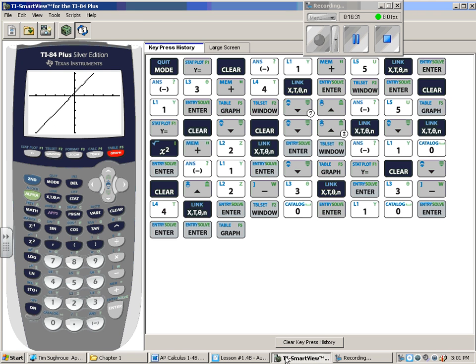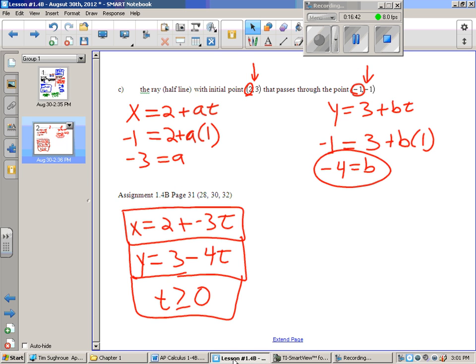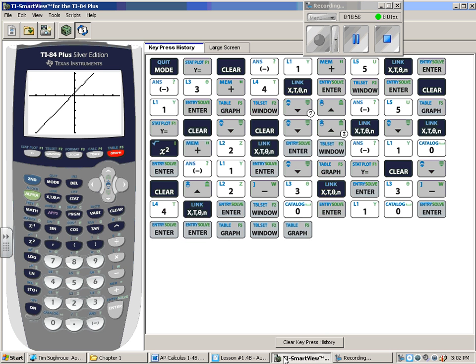Again, this should be back to our window. So when we look at this, our viewing window, it's kind of hard to tell that it really starts at 2, 3.